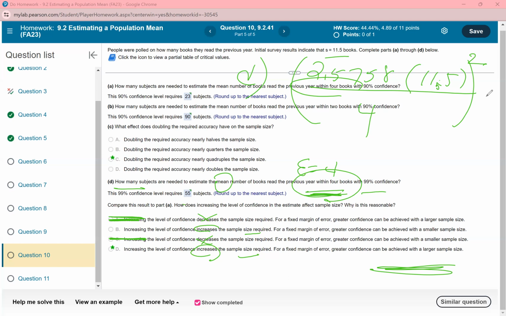So here's the larger sample size with greater confidence, versus this one at 90% with a smaller sample size. Just follow along for this part and this part here.